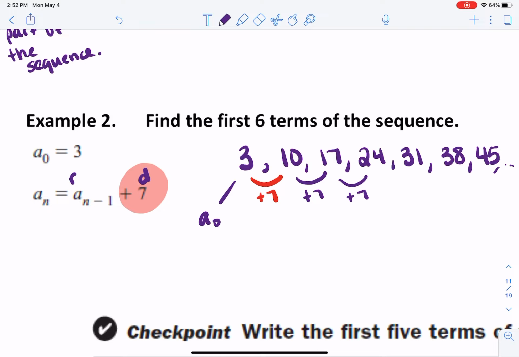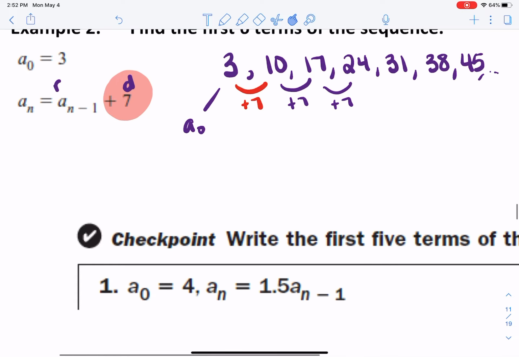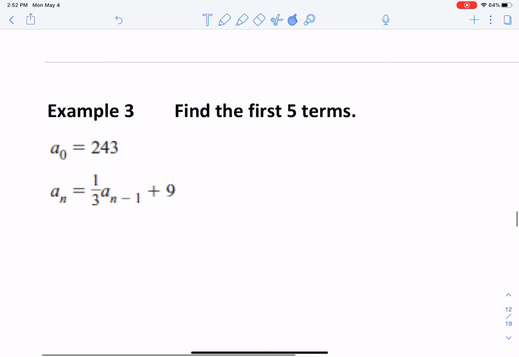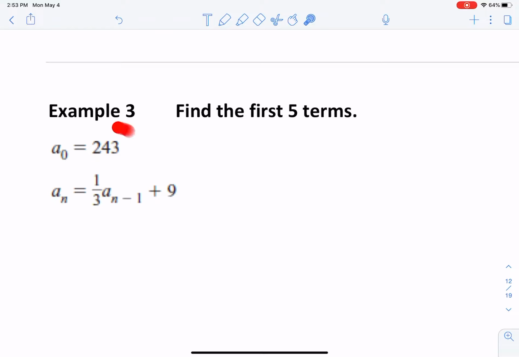So now let's go to another one where maybe it's a little bit different without just the common difference. Let me erase that here for you. So find the first 5 terms. All right, so I see here our 0 term is 243. So let's write that down. All right. So what this is telling me to do here, I do see an R and I see a common difference.